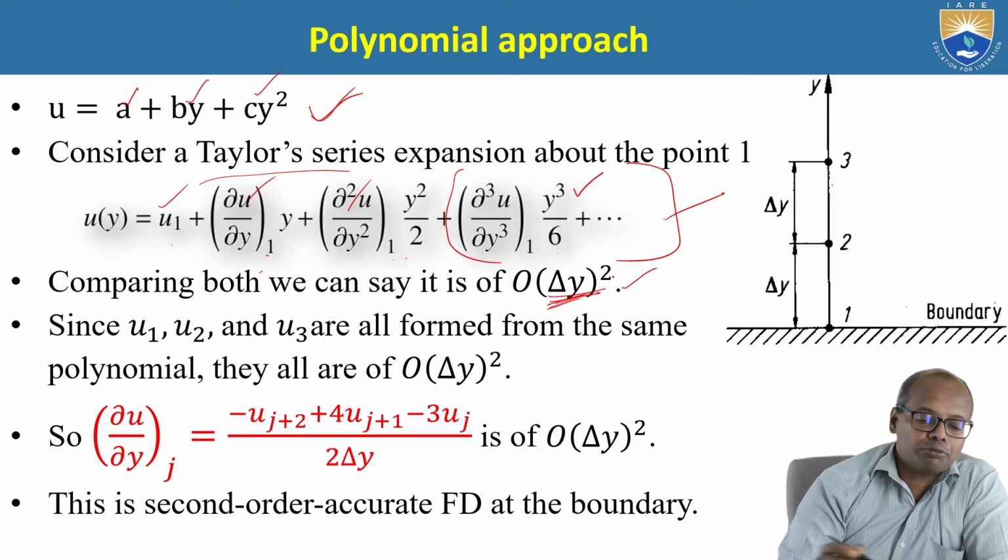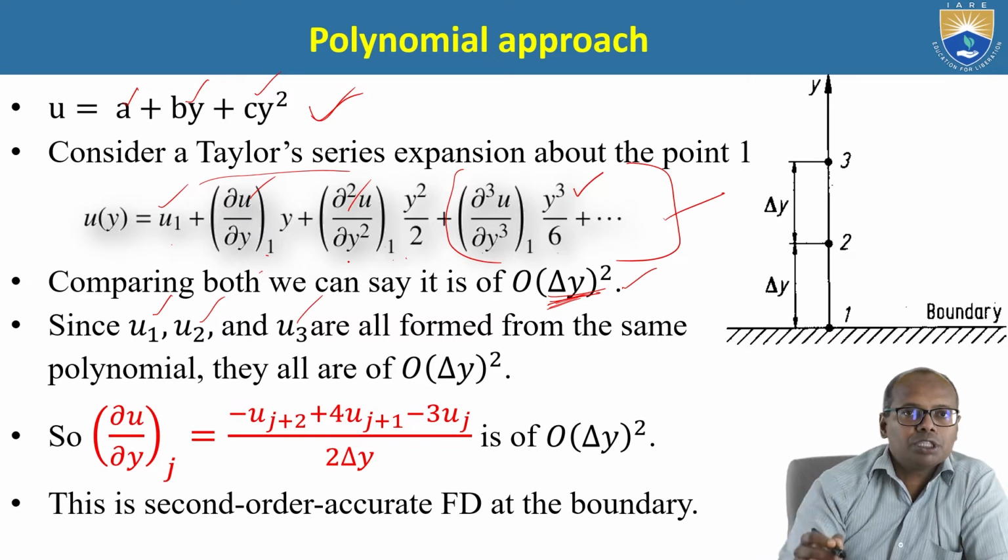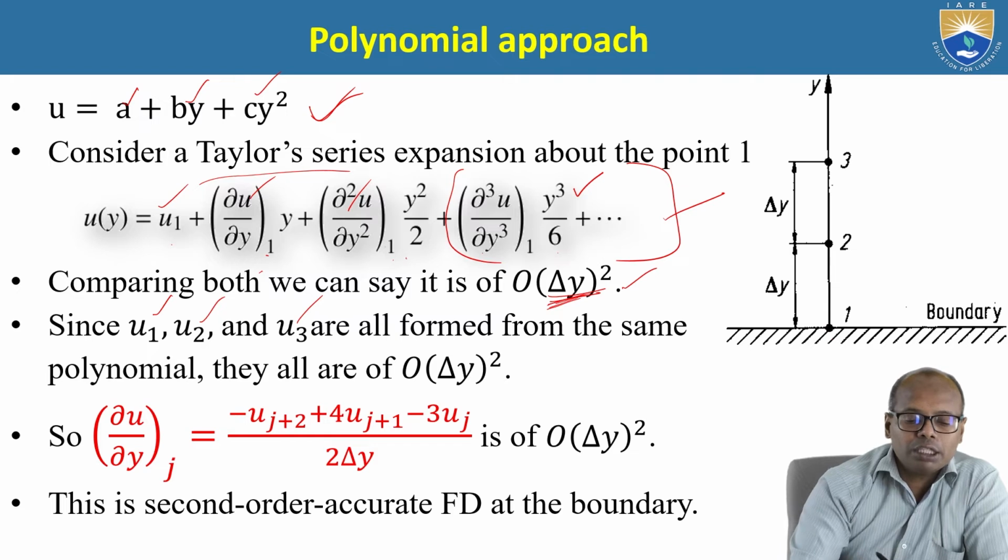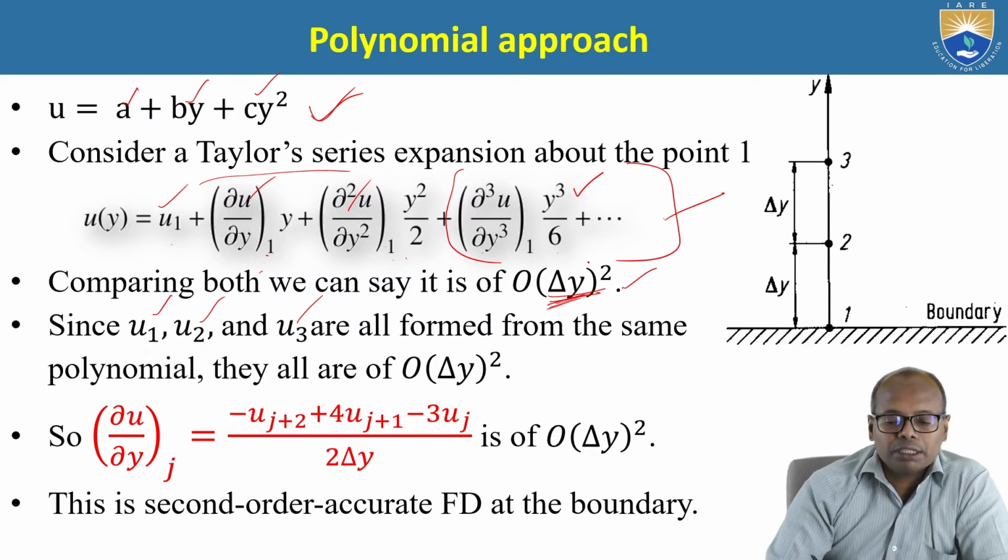Now here we derived u1, u2, u3, or u_j, u_j plus 1 and u_j plus 2. All these values we derived using this second order accurate equation.